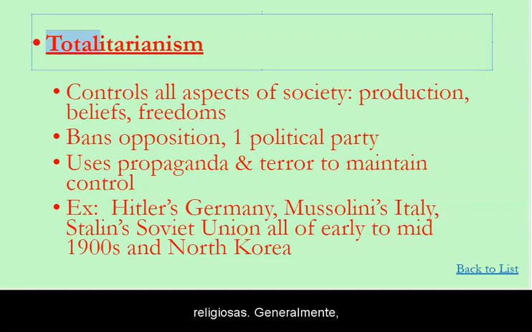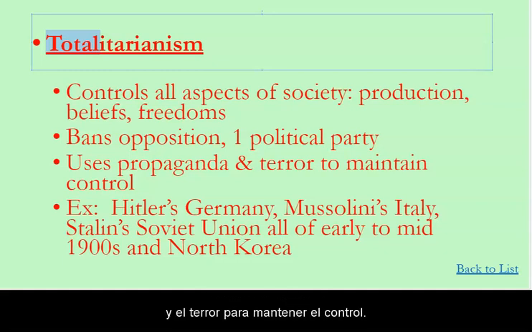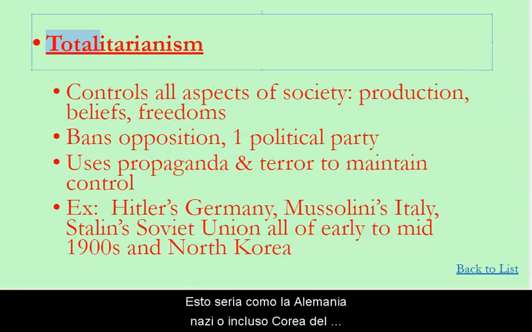Generally, people are discouraged from having religion because they want the totalitarian leader to be worshipped, and they don't have a lot of freedoms. As a matter of fact, they ban or get rid of all opposition groups. There's only one party, and they use propaganda and the media and terror to maintain control. This would be like Nazi Germany or even North Korea today.